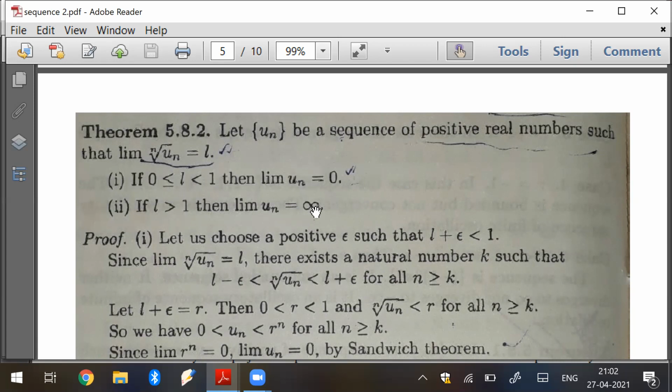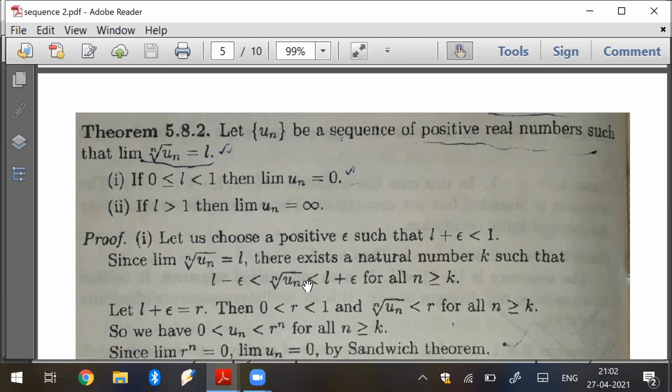So let us see the proof. Here also it is almost the same strategy. I choose some epsilon so that even if you add that epsilon amount to this positive quantity, it still remains less than 1. With that, and again applying the definition of the limit given, you will find some natural number k depending on epsilon. Please note that k depends on epsilon.